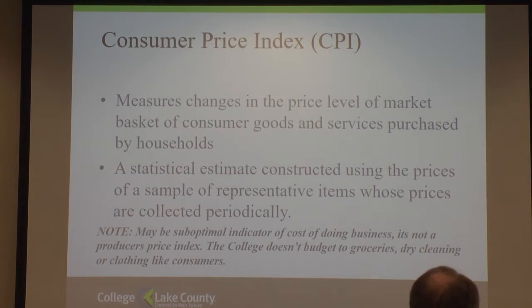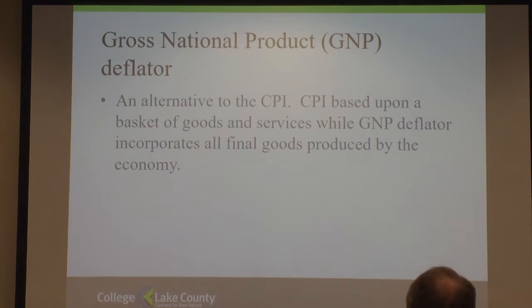But by looking at indexing approaches that we've seen in two other community colleges, we thought we'd at least present to the board several indexing options to consider. We're going to discuss the Consumer Price Index, which is used by the property tax extension law. And we're also going to discuss the two other indexes that other colleges are using.